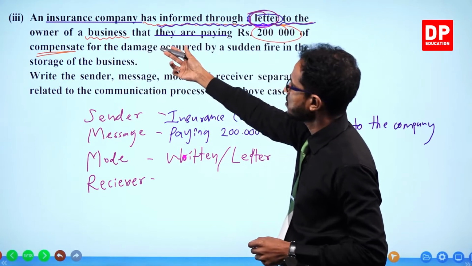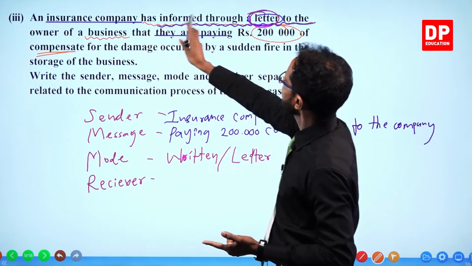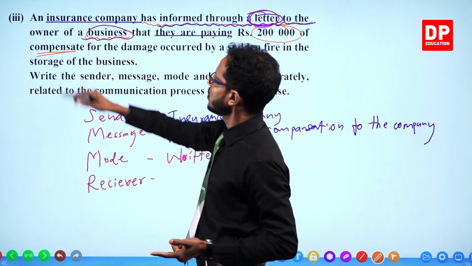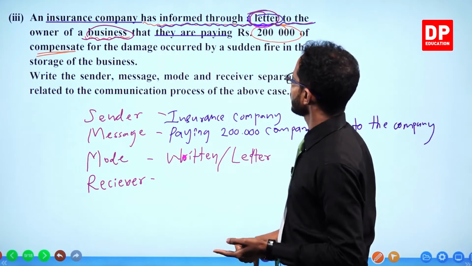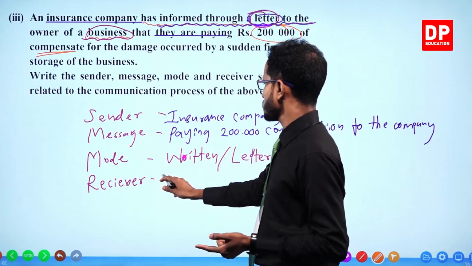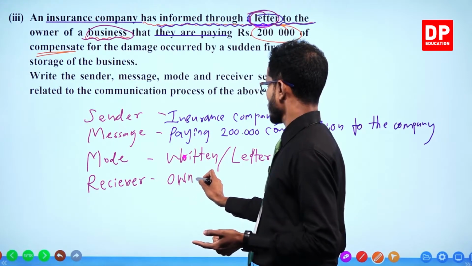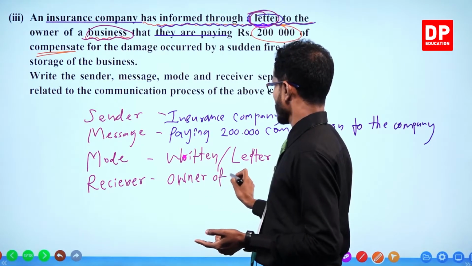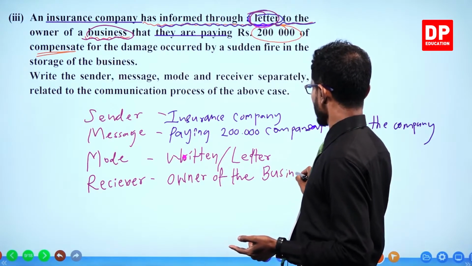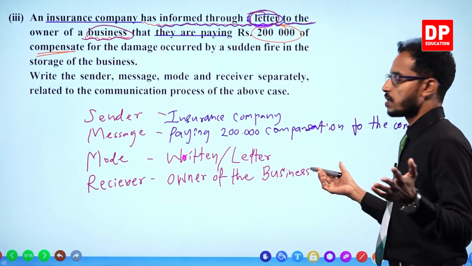Of course, in this case, the insurance company has informed through a letter to the owner of a business. The receiver is the owner of the business. There you go. That's it.